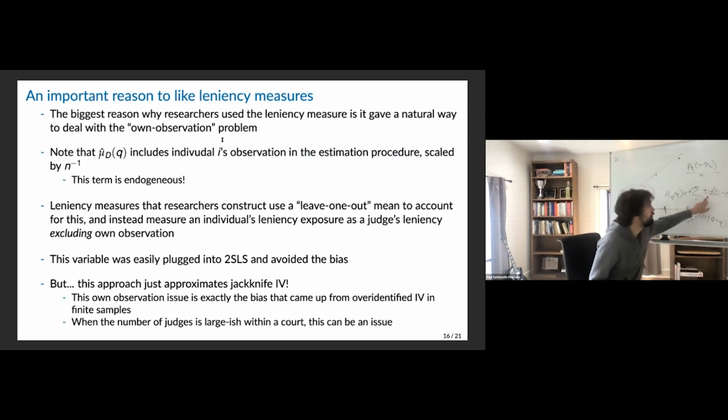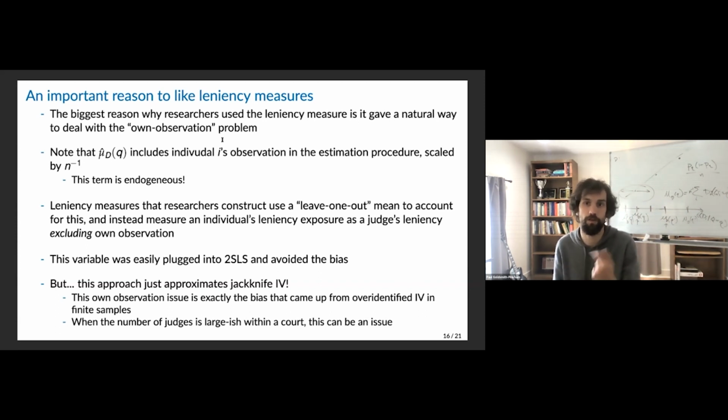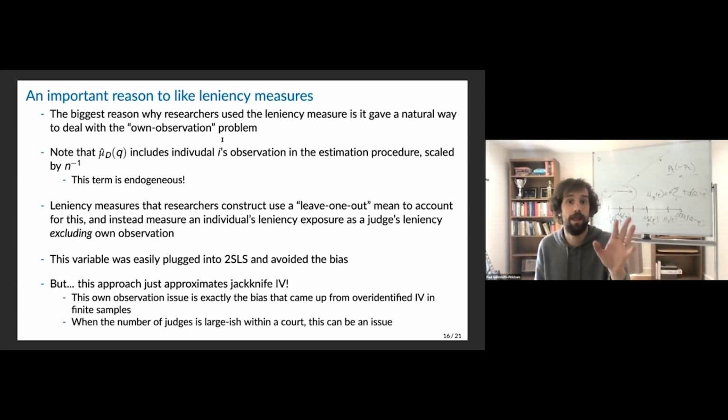There's a single term in there, my own observation, for the instrument that's endogenous. So you'd like to not use your own observation. That's the overfitting Rosie was referring to, and you'd like to just leave it out. So when people did this, they constructed a leave-out leniency.